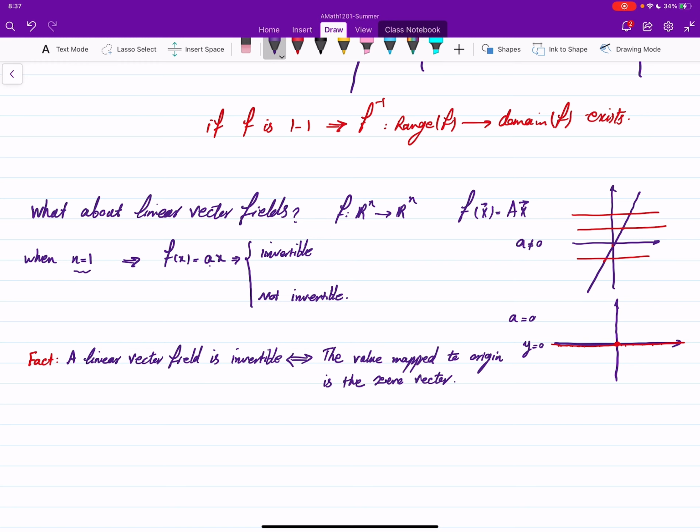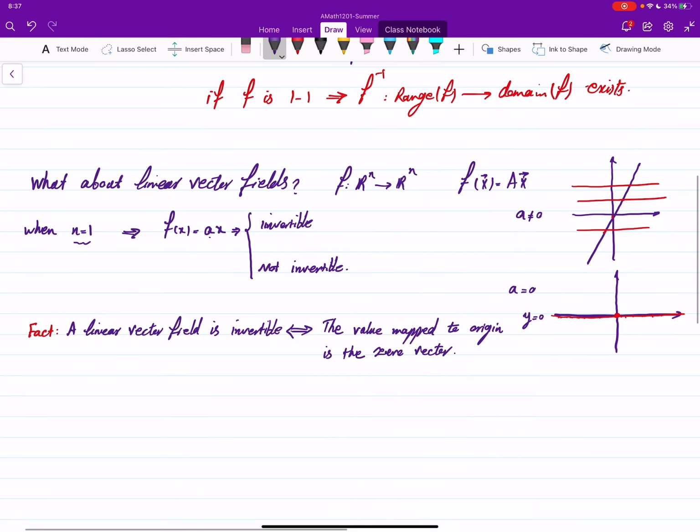The only thing you need to check is, as a result, we have the recipe.